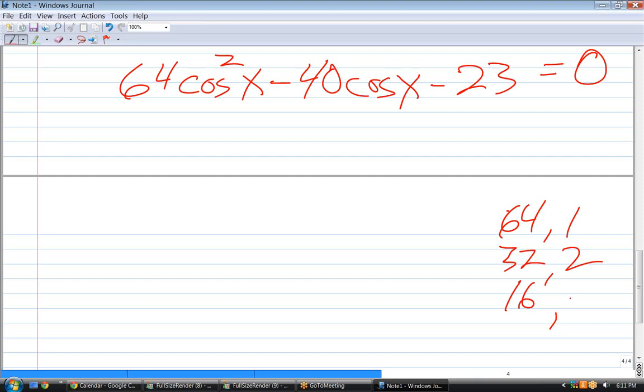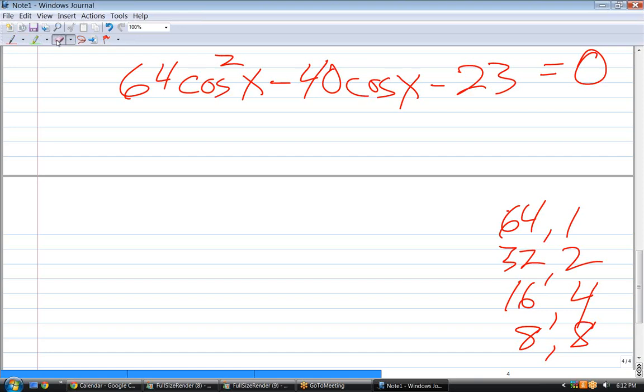There's 16 and 4. That might work. I would be multiplying the 23 times the 4, which would give me 92. And then the 16 times the 1, no, that doesn't work either. And there's 8 and 8, and that certainly isn't going to work. I'm going to multiply 23 times 8 and be way too big.